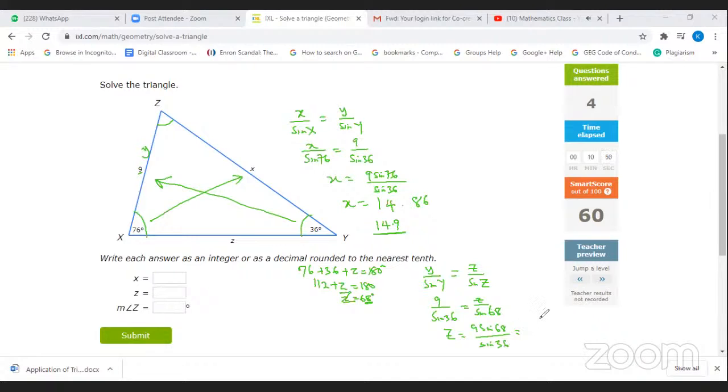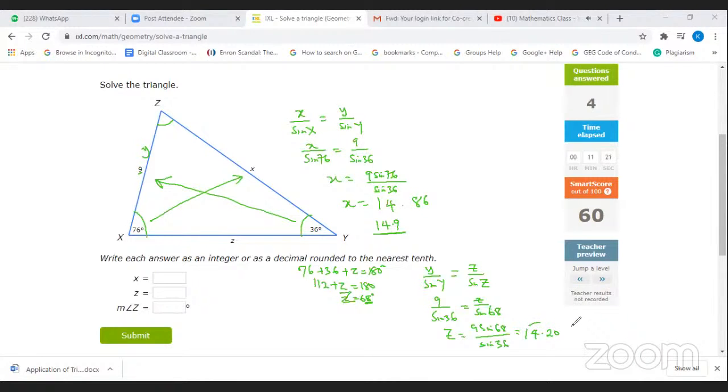And from there, if you use the way we have done the other one, 9 sine 68 divided by sine 36 should give us 14.20. So it means 14.2.